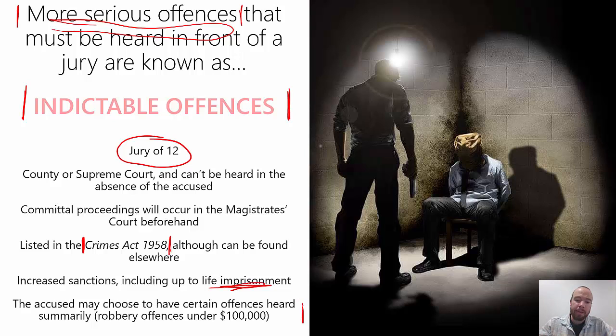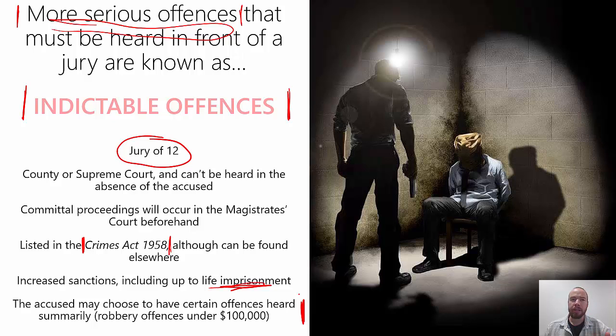There is this little caveat here that some indictable offences can be heard summarily, so you can basically ask for that to happen. So, for example, for robbery offences under $100,000, rather than get a jury and have a full trial, you can actually ask for that to be dealt with through the magistrate's court.